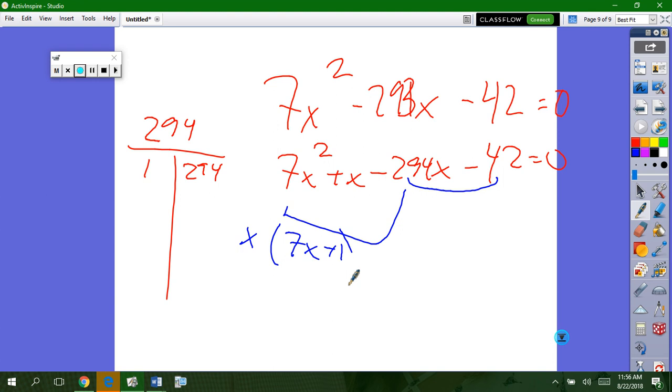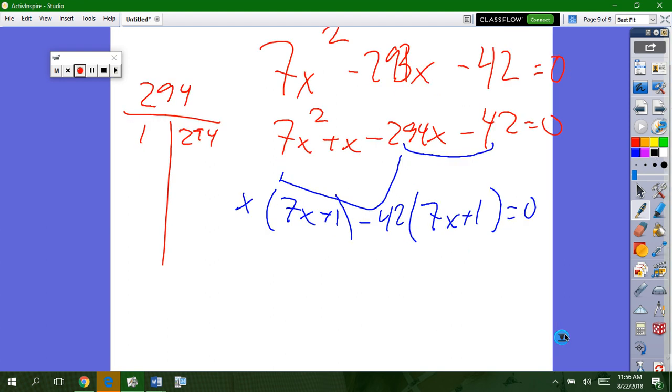When I factor it out, I better have a 1 there. So what's negative 42 divided by what gives me a 1? 42. Understand, everybody? So I have a negative 42, and that's left with 7x plus 1. So I have x minus 42.